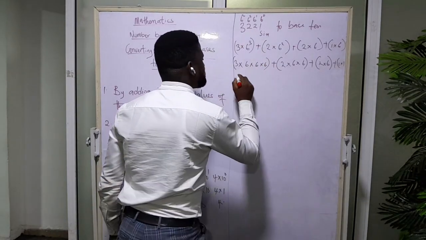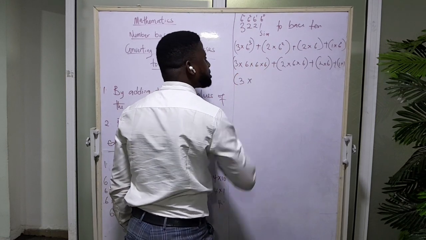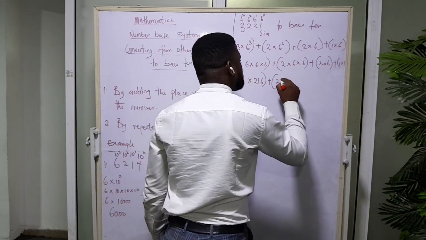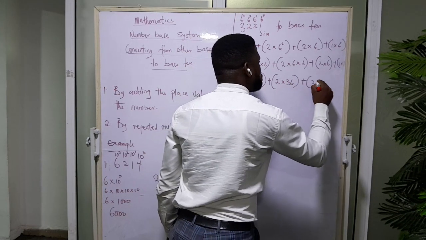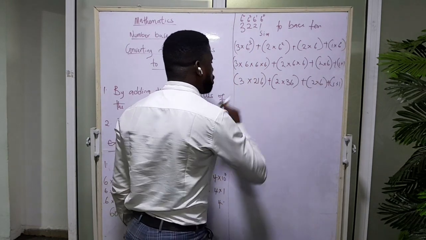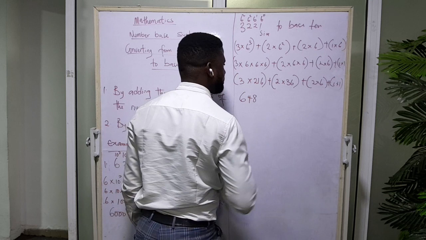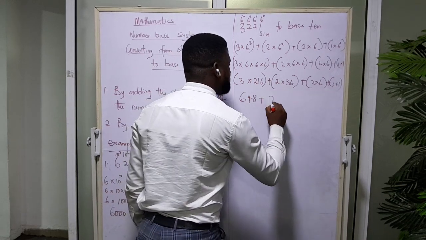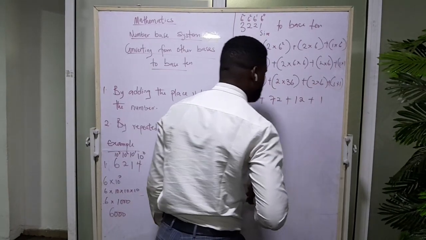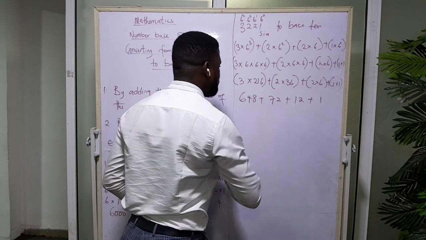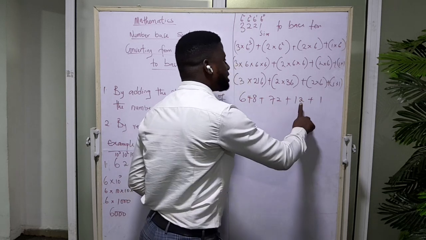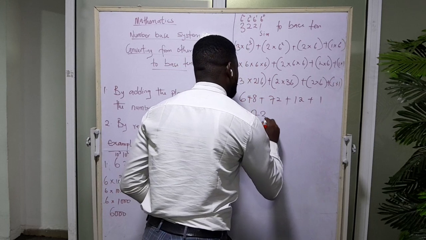If we multiply, 6 times 6 is 36, and 36 times 6 is 216, plus 2 times 36, plus 2 times 6, plus 1 times 1. 3 times 216 is 648, plus 2 times 36 is 72, plus 2 times 6 is 12, plus 1 times 1 is 1. 648 plus 72 gives us 720. 720 plus 12 gives us 732. 732 plus 1 gives us 733.